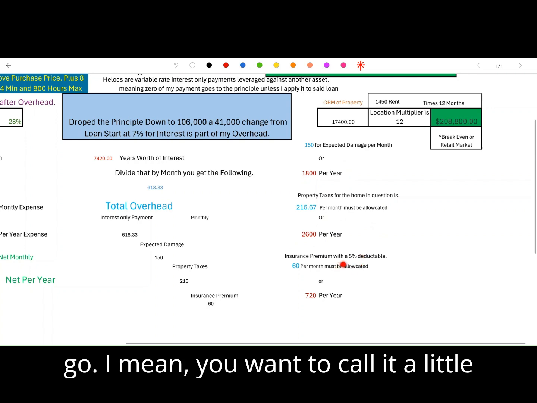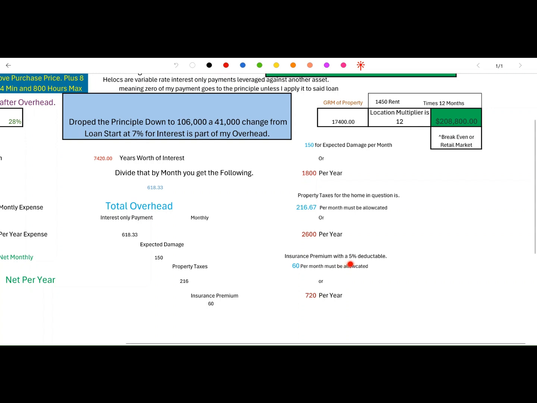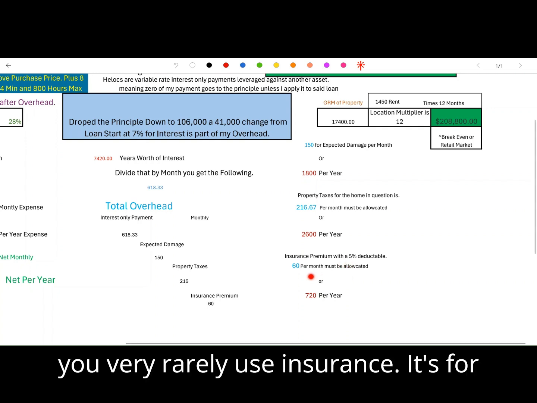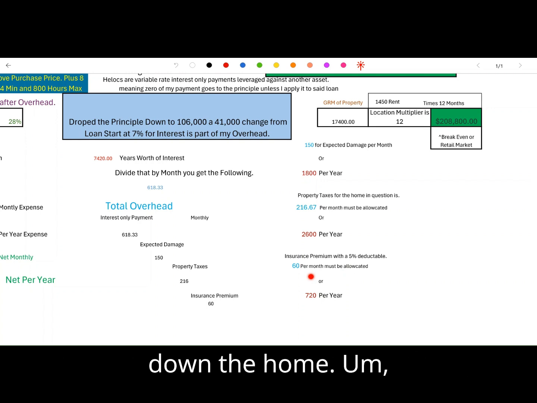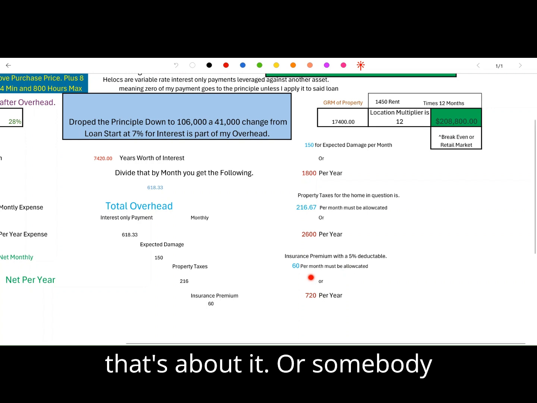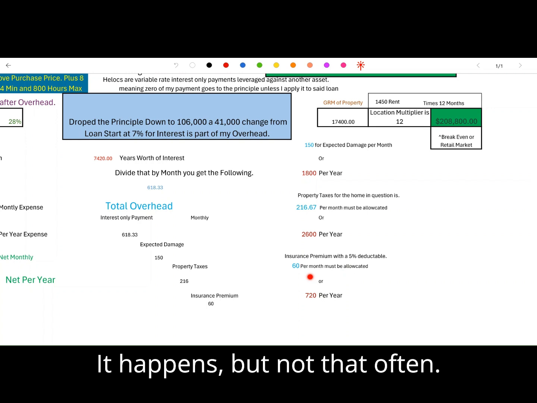I like to go, you could call it a little bit riskier, with a 5% deductible. You very rarely use insurance. It's for catastrophic events, like a tenant burns down the home, or somebody crashes a car into it. It happens, but not that often.